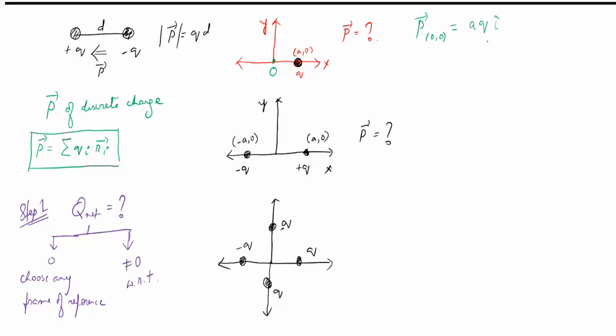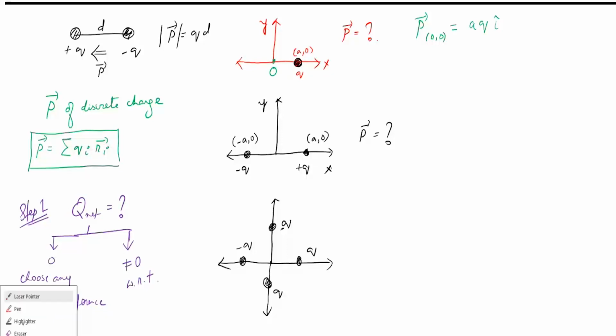I cap. Just see this formula. In the formula, it is r vector, not the magnitude of r. So you have to consider the vector, not only the magnitude.